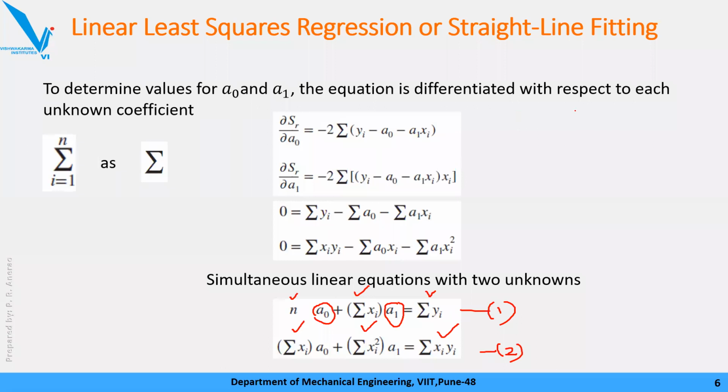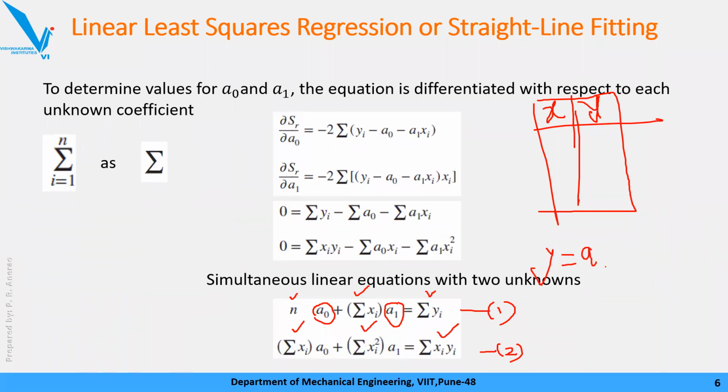So what we have done: you had random data or data from an experiment, x versus y data, x1 y1, x2 y2, and based on this data, trying to minimize the error, combining both, you came up with an equation of a straight line, a0 plus a1x. This equation is derived in such a way that the error is minimum and it will take the trend followed in the experimental data.